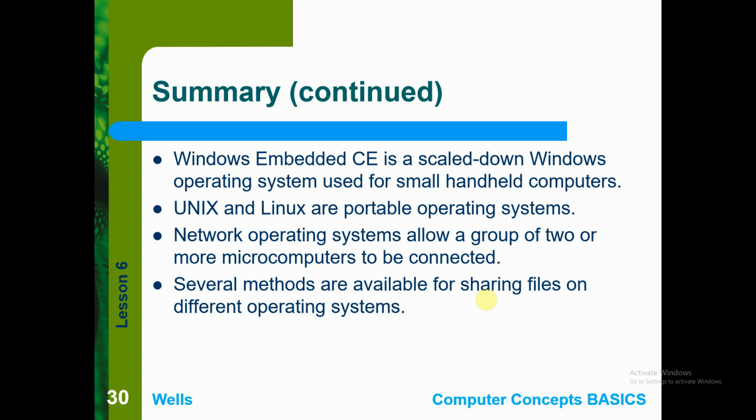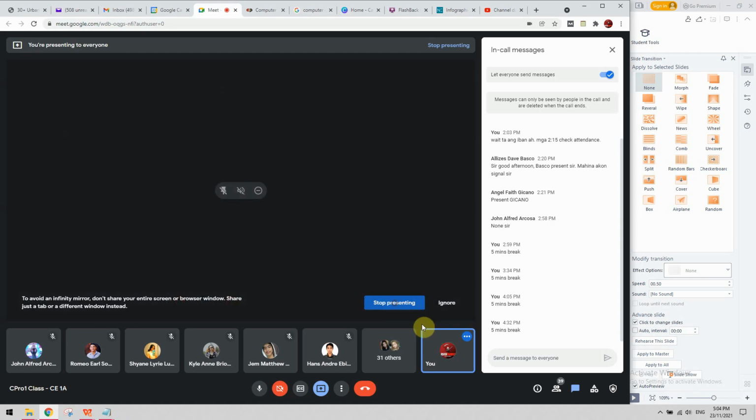It allows networking, no, network operating systems two or more microcomputers connected to function, and several methods also of sharing files can be used on these different operating systems. So that's wrap up for that topic.